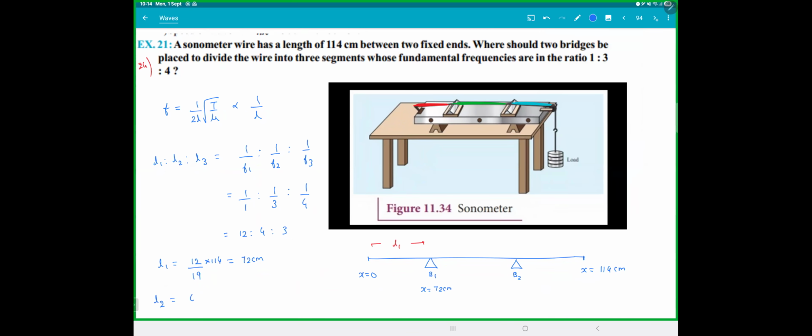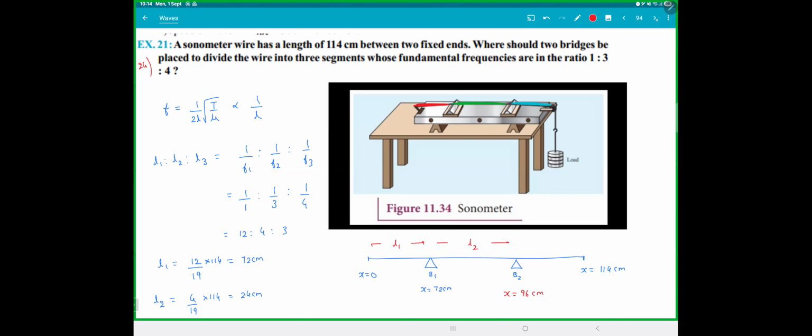L2 will be 4 by 19 into 114, which is around 24 centimeters. So 72 plus 24, the bridge is at 96 centimeters. Making sense? The question is where did you keep the bridges? He didn't ask you the length of the strings. So 72 and 96.